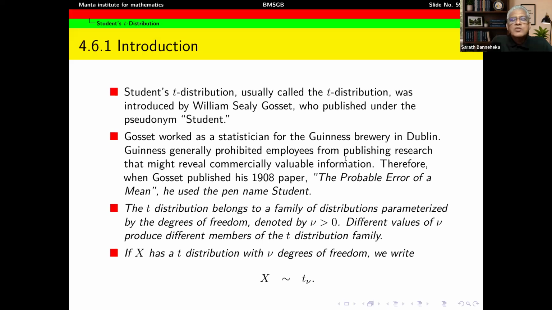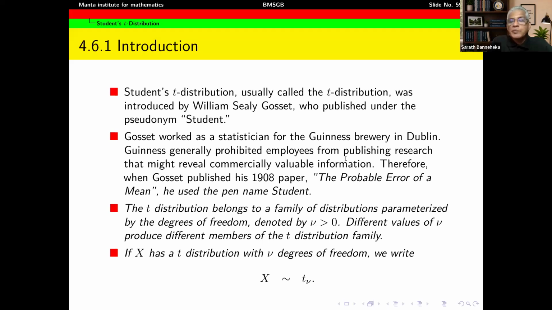The student's t distribution, usually called the t distribution, was introduced by William Gosset, who published under the pseudonym Student. Why did he publish his paper under the pseudonym Student? Well, he was working as a statistician for the Guinness Brewery in Dublin.